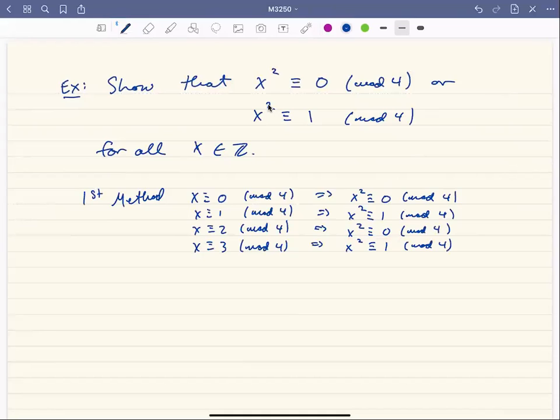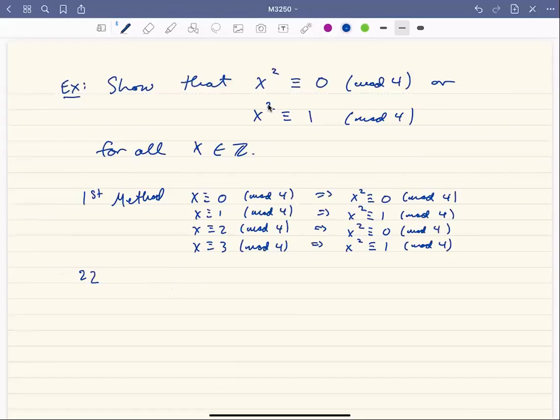One thing I want to emphasize here is a little trick in computing these. If you have x congruent to 3 mod 4, this tells you that x squared is congruent to 9 mod 4, and you can keep subtracting 4 until you get a number between 0 and 3. If you were to take something like 22, you want to know what 22 is mod 4.